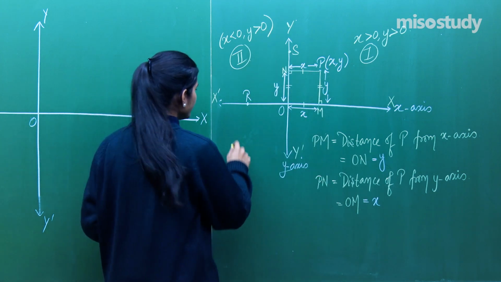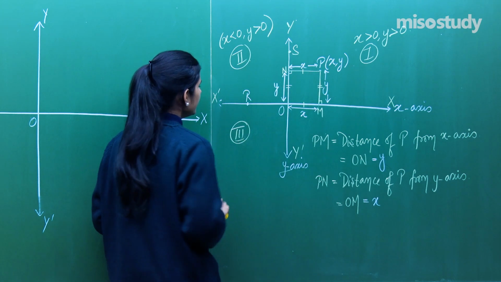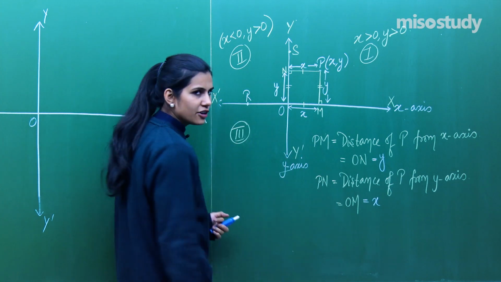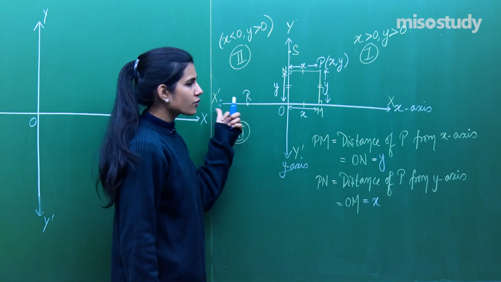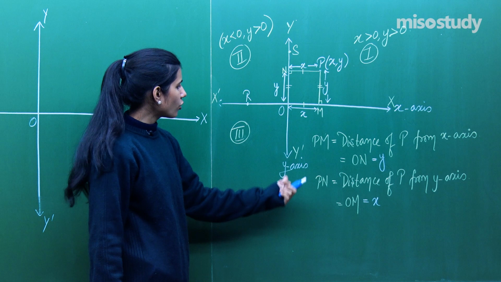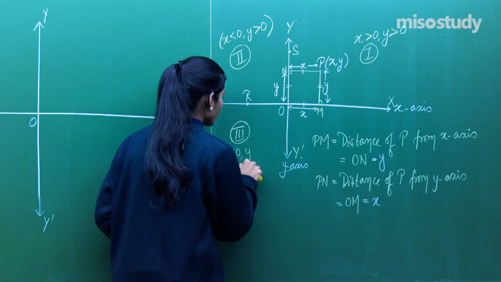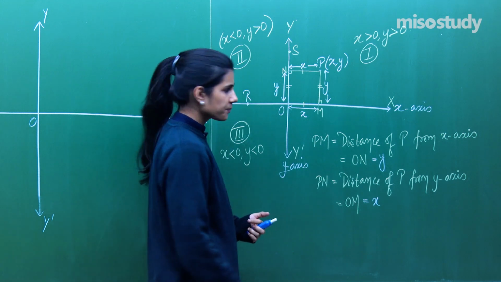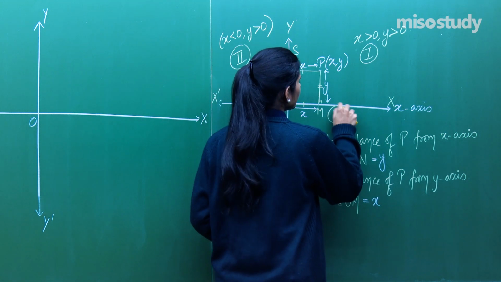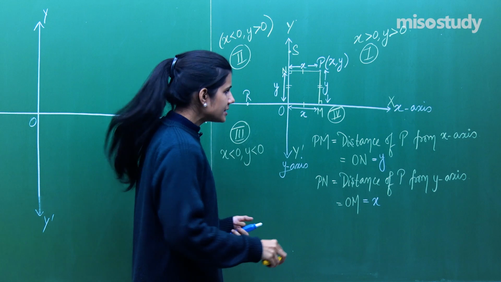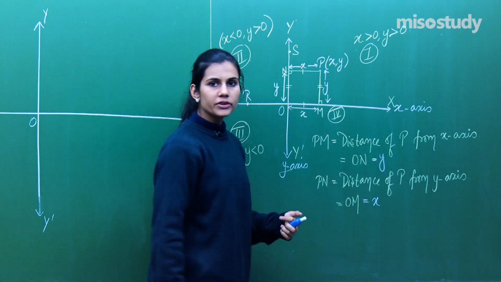If the point is lying somewhere in the third quadrant, that means it's lying in the X'OY' quadrant. So the x coordinate will be coming from OX', the negative x-axis, and the y coordinate from OY', the negative y-axis. So x is also negative and the y coordinate is also negative. And if the point is lying in the fourth quadrant, that means it is lying in the XOY' quadrant.